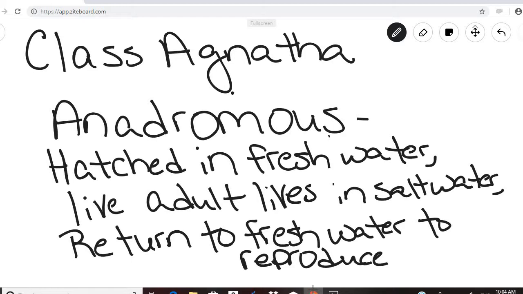The young are hatched there, and then those young migrate out to the ocean. They live their adult lives in the ocean. They return to the fresh water to reproduce, lay their eggs. The whole cycle starts over again. So anadromous is a characteristic of class Agnatha. Okay, so that's all we're going to say about class Agnatha.